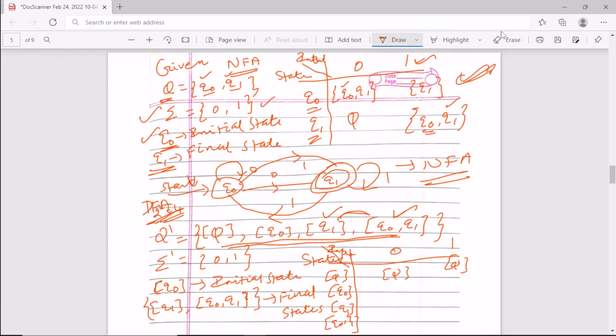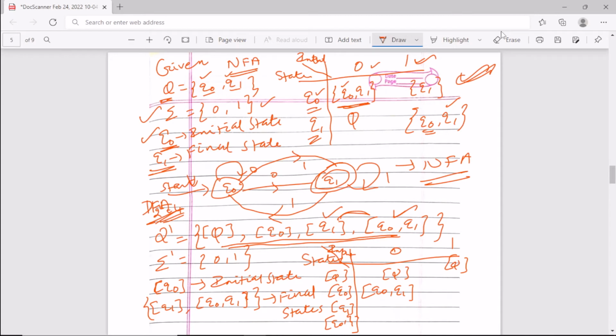So phi and phi. In Q0, if you read the input symbol 0, what happens? Look at the NFA. In this NFA, in Q0, if you read 0, you go to Q0, Q1. Listen here, in the NFA, in Q0 if you read 0, we have two possible states Q0, Q1.